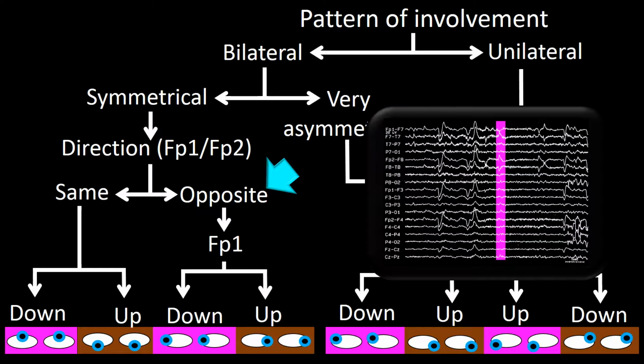That means the direction in the FP1 to F7 derivation and in the FP2 to F8 derivation was not to the same side. They were opposite. Then when we look at FP1, if you recall, in FP1 the deflection was down. Therefore, the eyes are looking to the right.